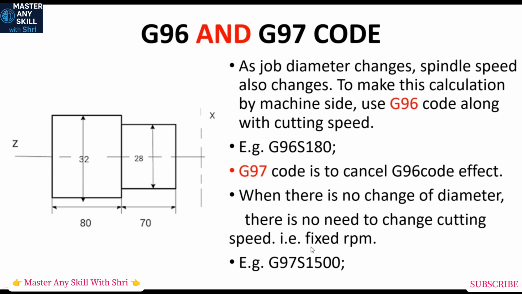So G97 is for fixed RPM. But in G96, spindle speed will change according to the diameter of the job. These are our G codes. With the help of these G codes, you can make a program of any job, so you have to remember them. Here we have completed our G codes.